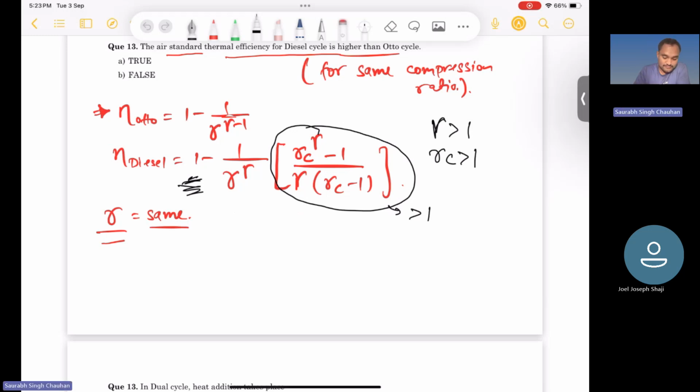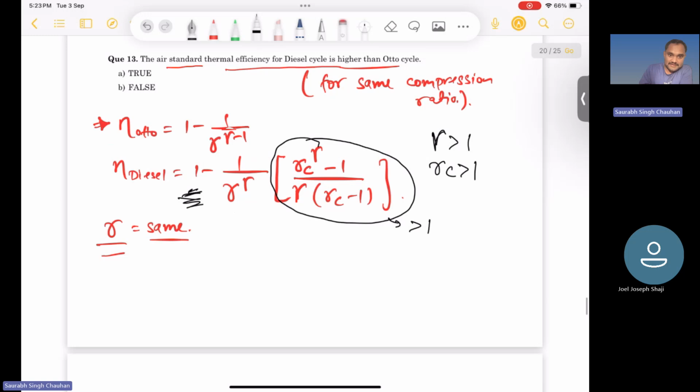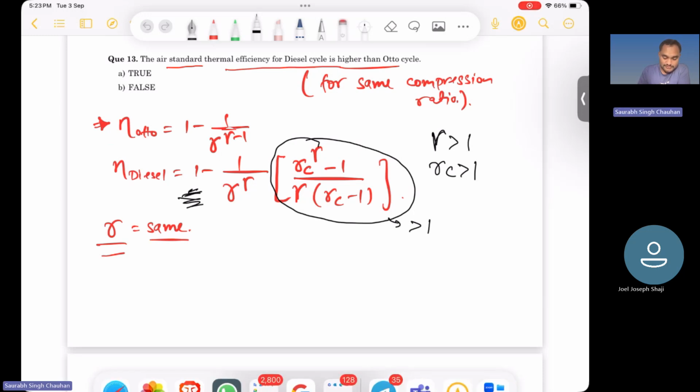I will encourage you to plot this thing, or maybe I can try. If time is left, then we will plot this thing and see how this quantity varies when RC and gamma vary. Maybe we should try it now.